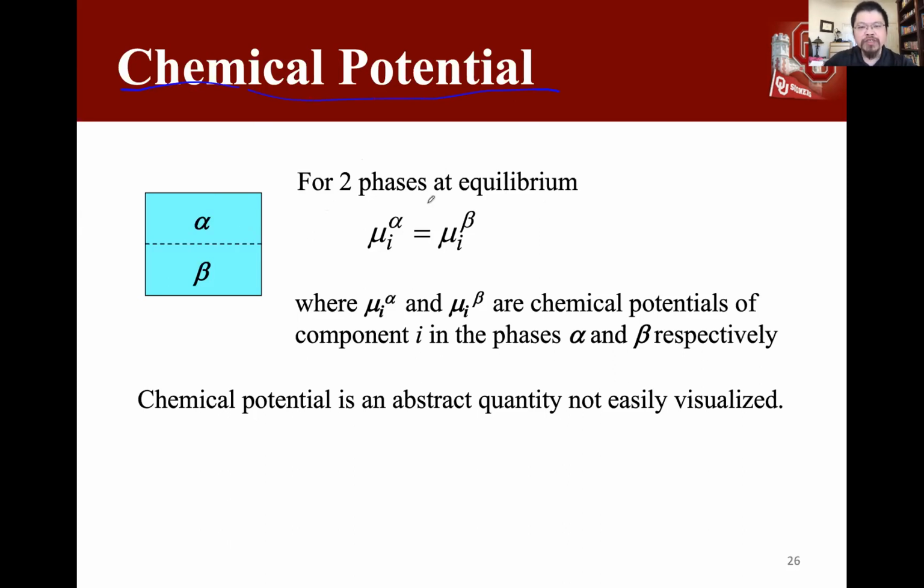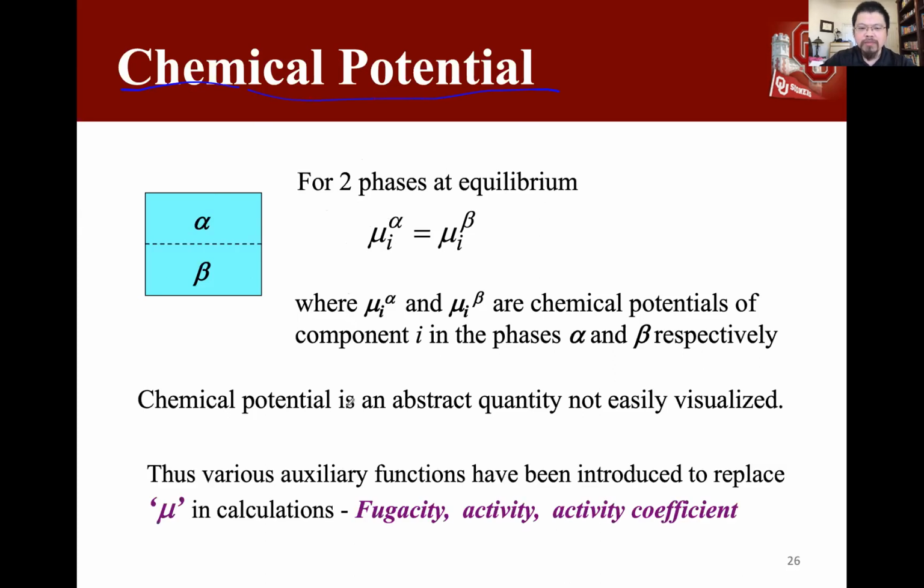For these two phases at equilibrium, we know that the chemical potential will be exactly the same in the two phases. But the challenge, like I mentioned, is that chemical potential is not easy to visualize or measure. So we need to replace chemical potential in the calculation using some other terms.